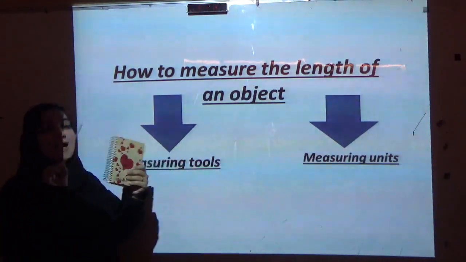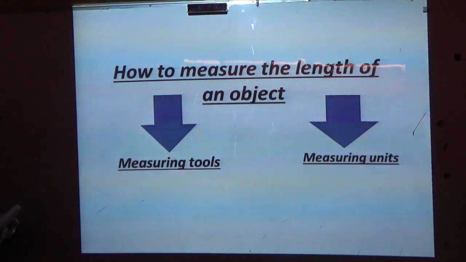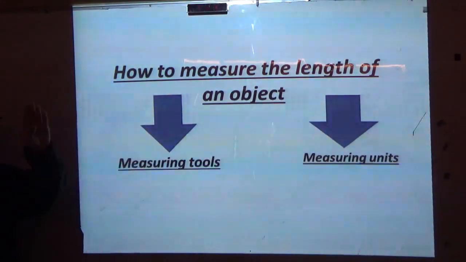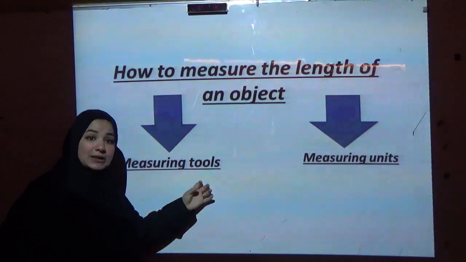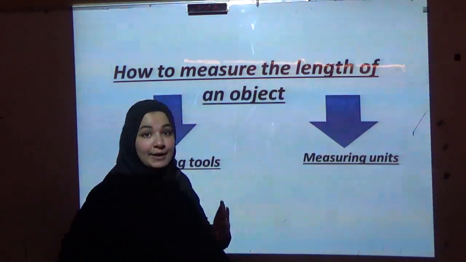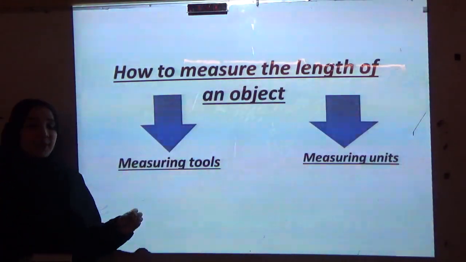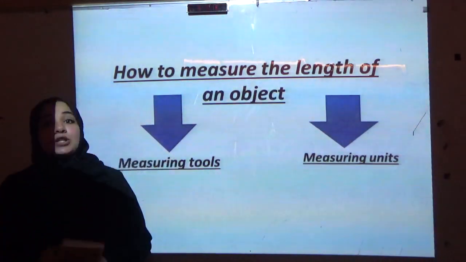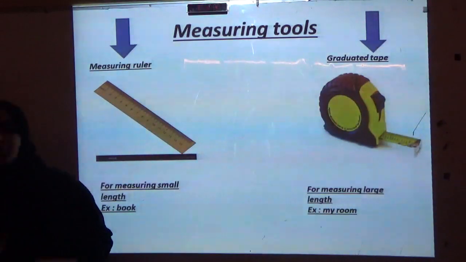Now we will discuss that to measure the length of an object I have two main things: measuring tools and measuring units. We will discuss the meaning of measuring tools and measuring units. We will start with measuring tools.